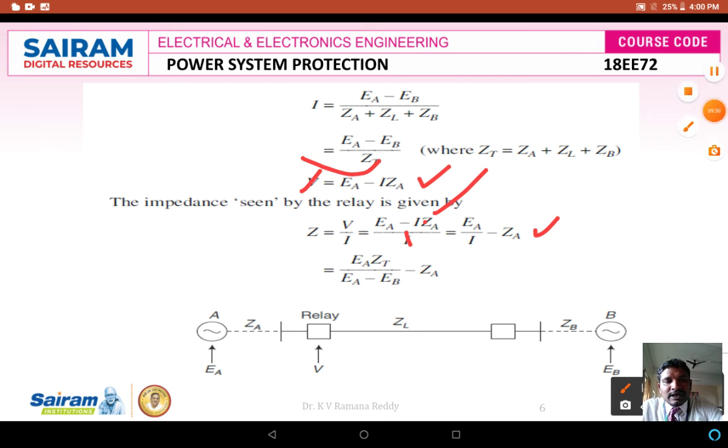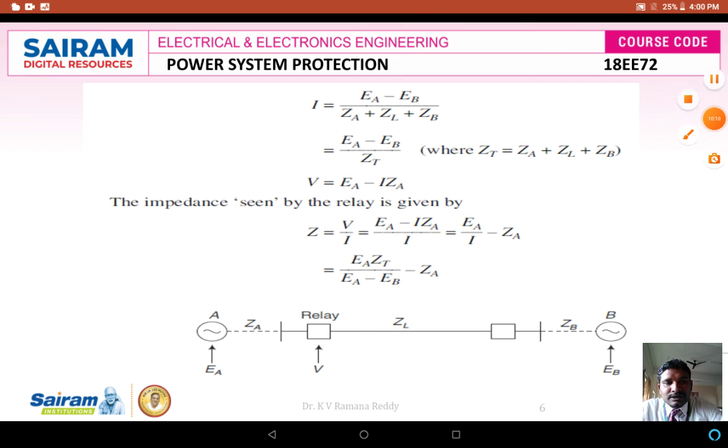Simplifying once again, substituting EA minus EB divided by ZT in the place of I, the equation becomes EA into ZT divided by EA minus EB, minus ZA.